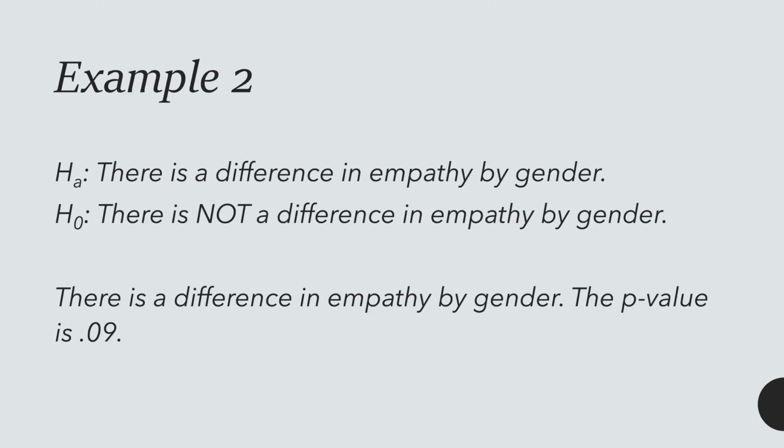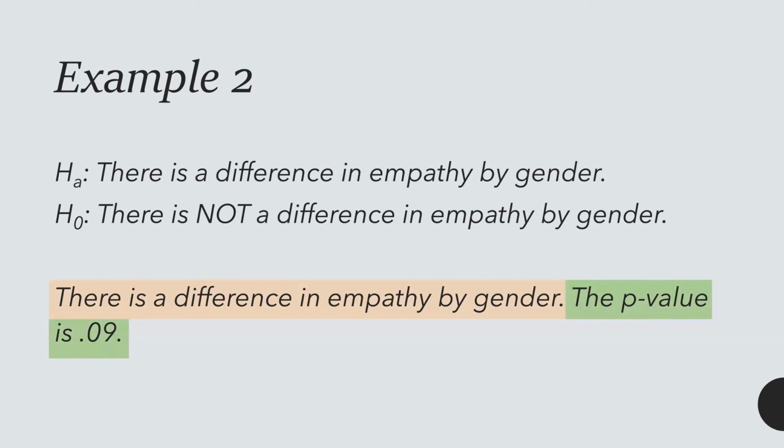You'll have your own technique for identifying this, but we can see that we're saying there is a relationship. So this is our reality. There is a relationship. And if there is a relationship, that means that our null hypothesis should be false. We should reject it. Our p-value is 0.09, which, if I don't give you an alpha level, we're going to assume 0.05.